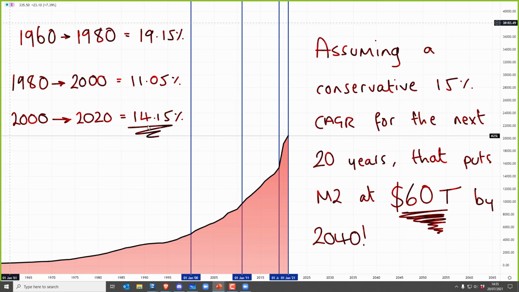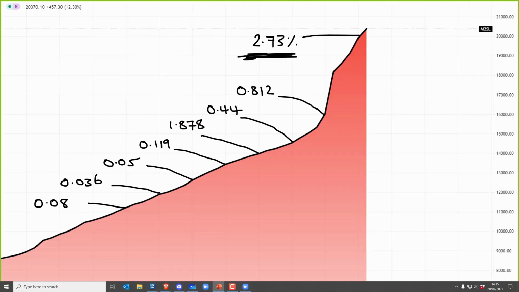And this is just going to continue to increase. So let's just assume a conservative 15% CAGR for the next 20 years. That puts M2 at $60 trillion by 2040. That's insane. $60 trillion.